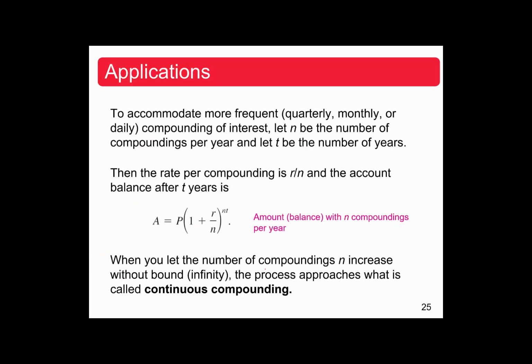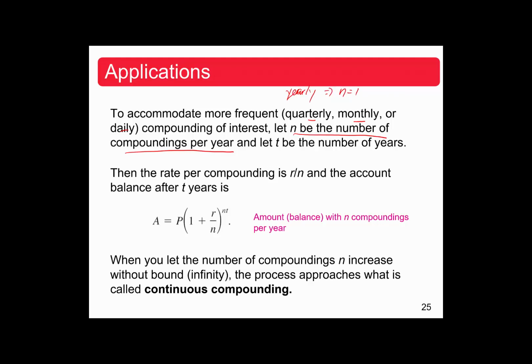So to accommodate more frequent compounding, so this is compounding yearly. If you want to compound quarterly, monthly, daily, I just have to come up with another concept. N be the number of compoundings per year. So if it's compounding yearly, then n equals 1.